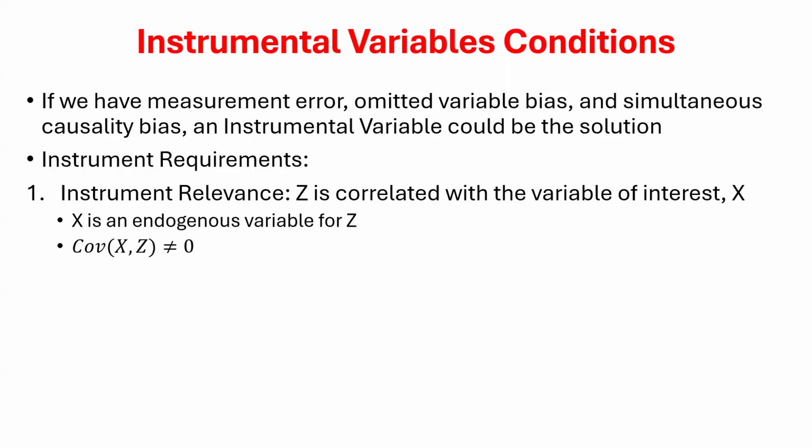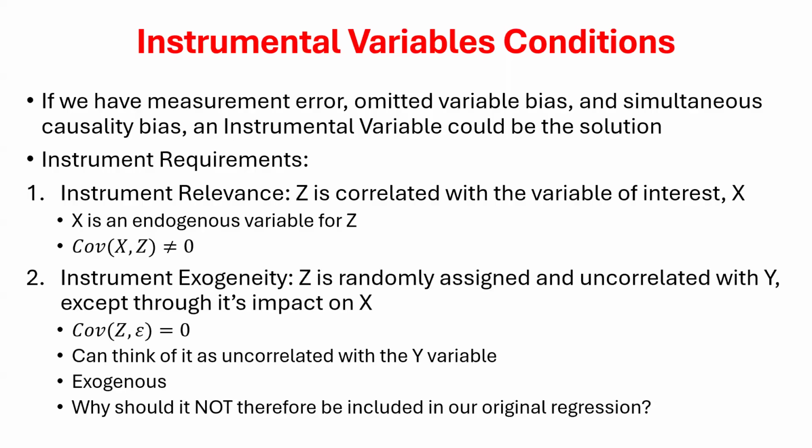And I'll write this out here in a second to paint the picture of what we've been talking about. And then the second condition we have is we need this instrument to be exogenous, right? So it needs to not be correlated with our Y variable, or technically we need it not to be correlated with those errors that are incorporated into those actual Y values we see.